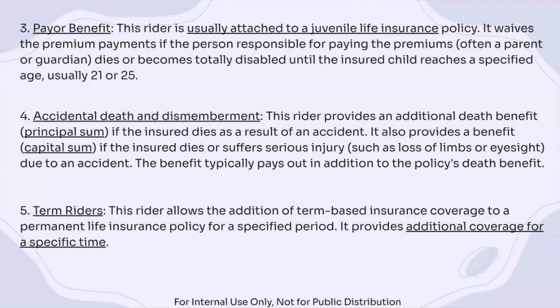And so if the payer in this case passes away, the guardian or the parent, then what happens to the juvenile life insurance policy? Well, in most cases, this rider allows the juvenile or child to still be insured until a certain age, even if the guardian, parent, or payer passes away.